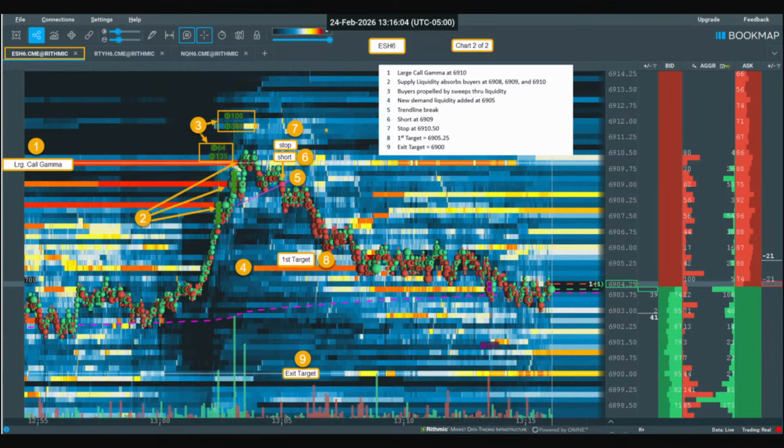So as you get more iterations and build out your playbook, you start to understand when you can take that aggressive entry and when you shouldn't. And this is a good example of somebody who's had their playbook built out, takes that aggressive entry, and trails behind that structure.